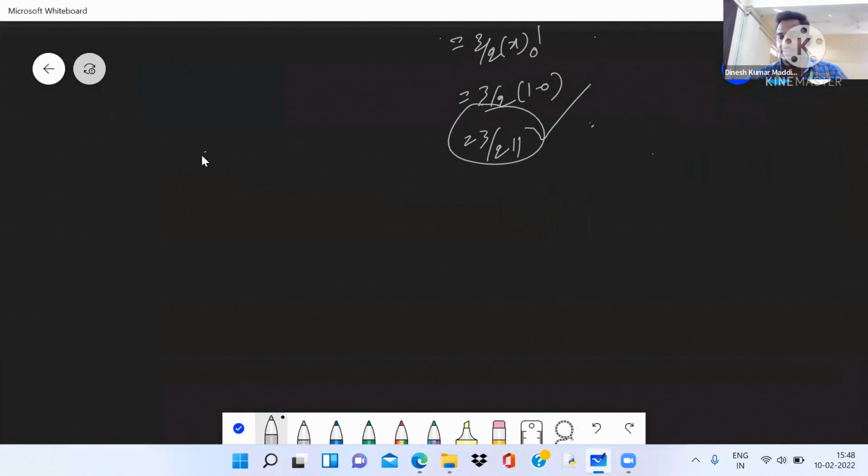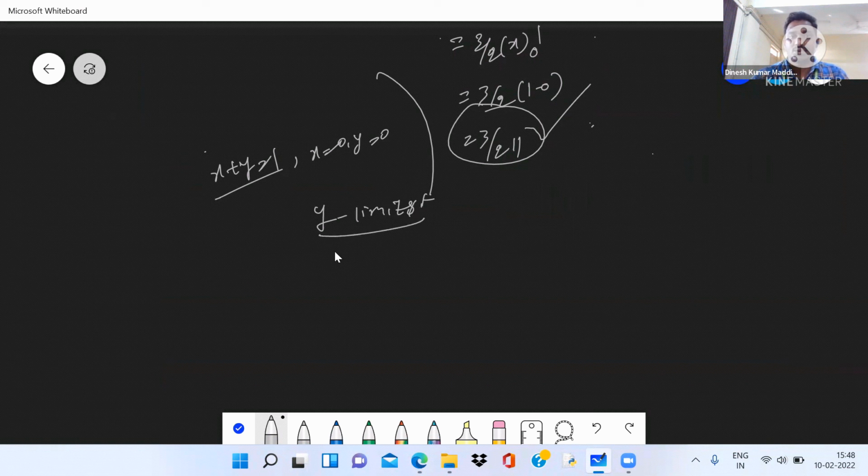Here, from x plus y, how to find out the limits: they have given x equal to 0, y equal to 0. That means for the y limits, here we know very well that y is equal to 0, and the upper y is, if you transfer x from this side to this side, 1 minus x. Then y limits are 0 to 1 minus x.